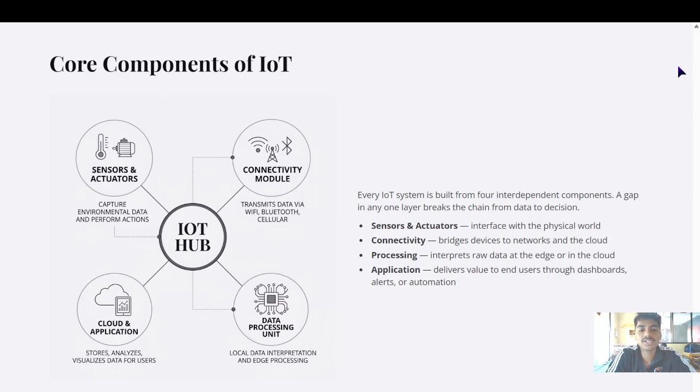And finally, the application layer presents useful information to the users through dashboards, alerts, or automation, which is very helpful for the user. These are some of the core components of IoT, which help the system function properly and ensure a good system architecture in the future as well.